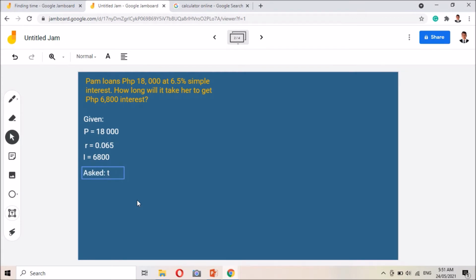So our goal is to find time. I is equivalent to principal times rate times time.